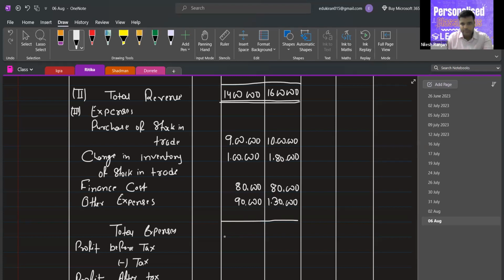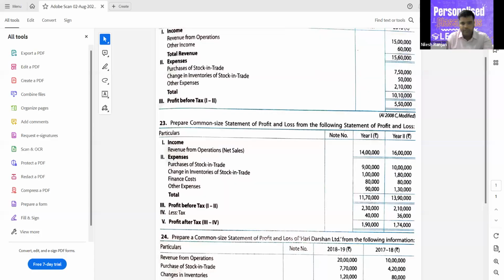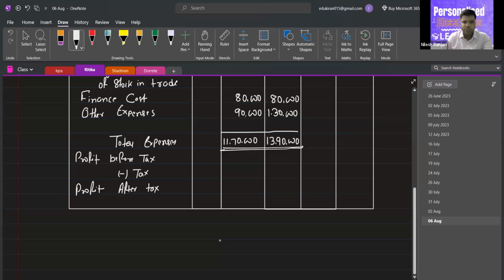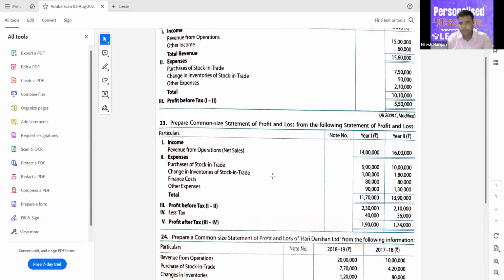Total expenses, 11,70,000 and 13,90,000. After this, 2,30,000 and 2,10,000. This is our profit before tax.